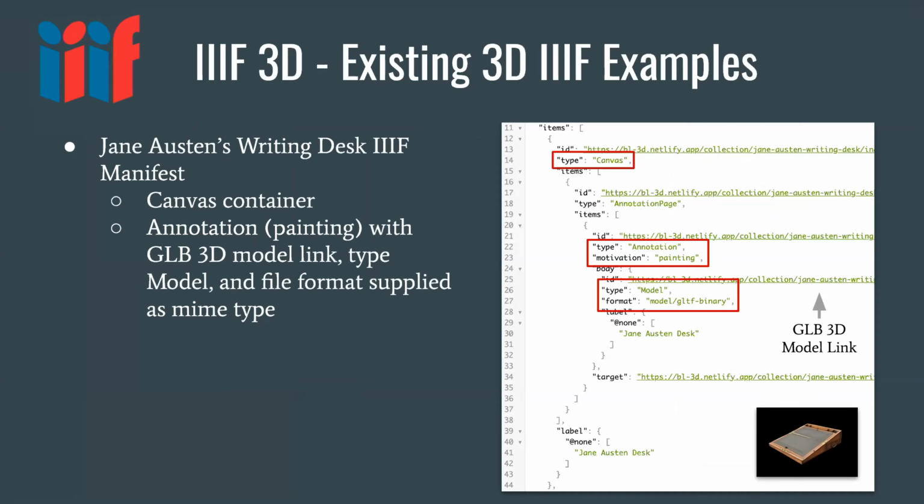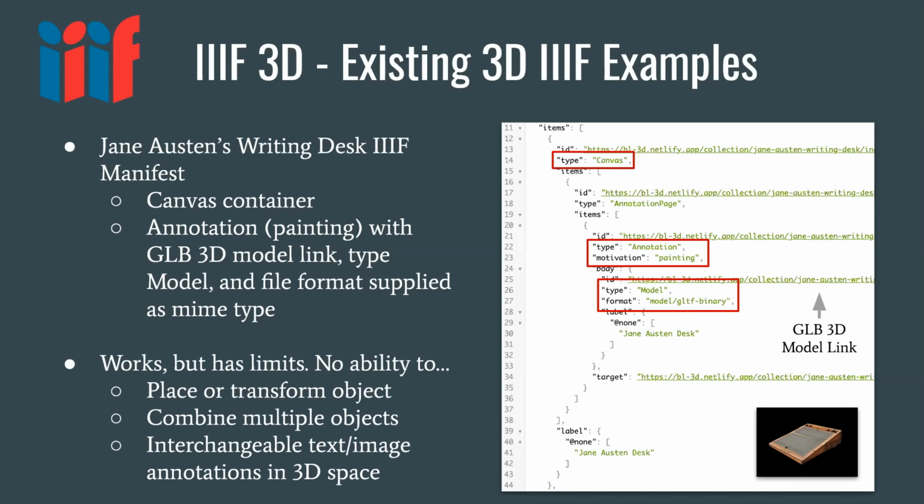So it's much like an image being annotated onto a canvas, except it's non-standard at the moment, but it works. It's one way of doing it. And we're using the MIME type there, the format, to specify that this is a 3D model that we're annotating.